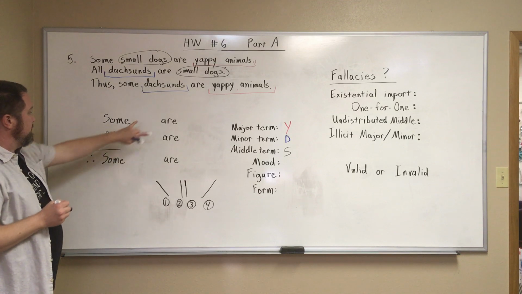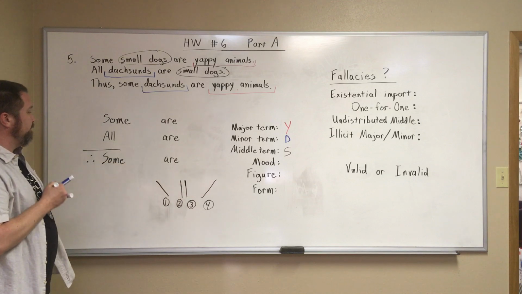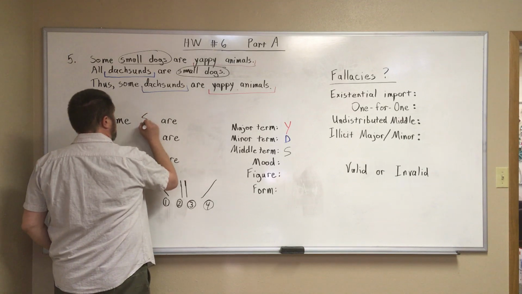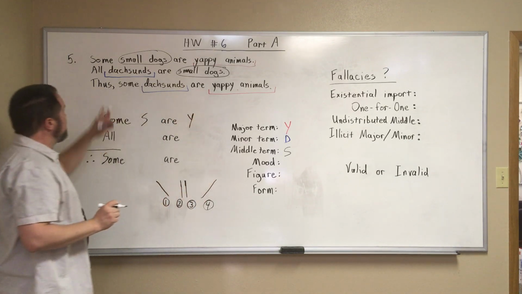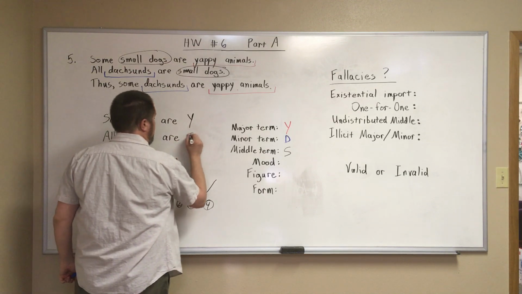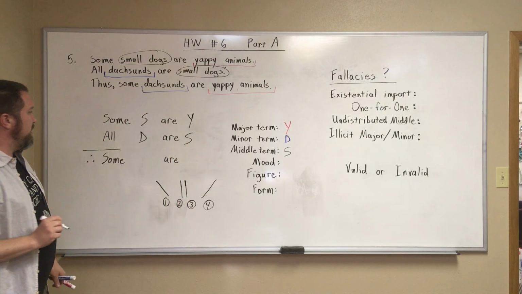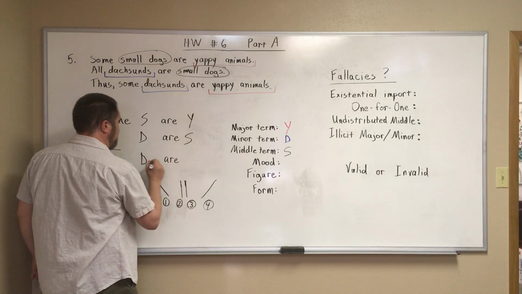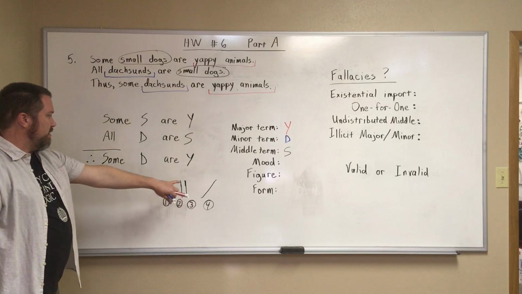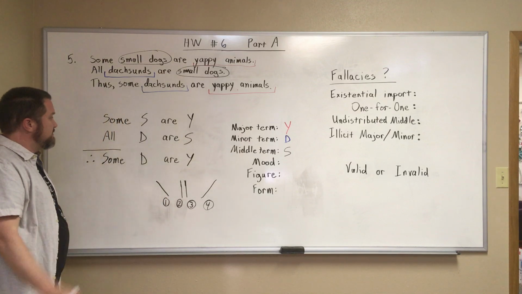Let's fill this in again, so we have a structure that we can look at for the mood and the figure. So we have some small dogs are yappy animals, so some S are Y. All dachshunds are small dogs, so all D are S. And then some dachshunds are yappy animals, so some D are Y. And our mood, again, just identify each of these statements.